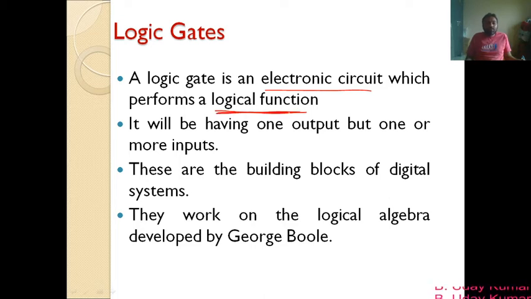Based on the performance of the logical function, they are divided into different types that we discuss in our next slide. So this is the definition of a logic gate.